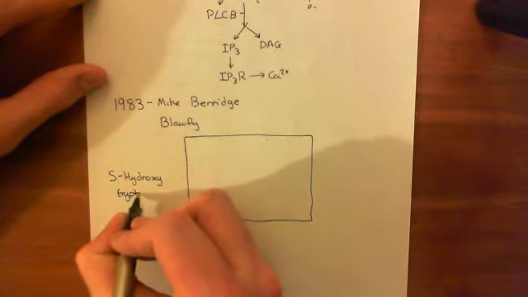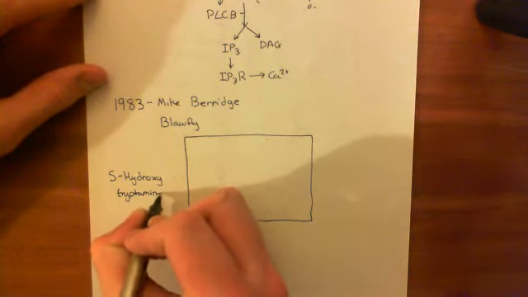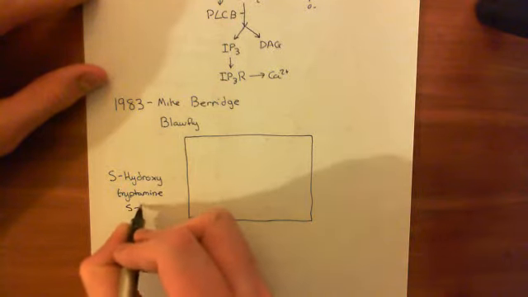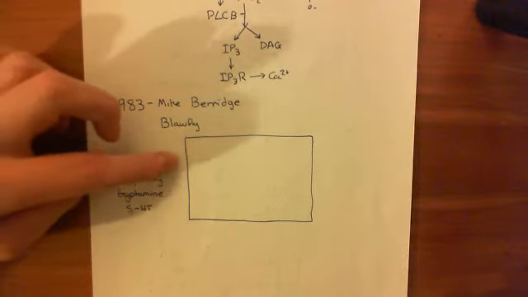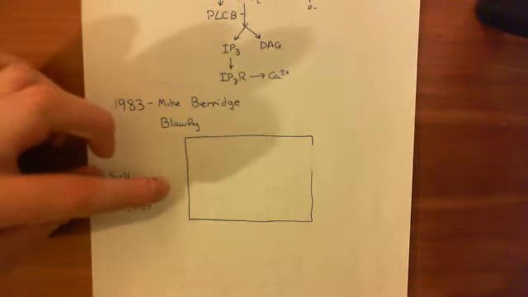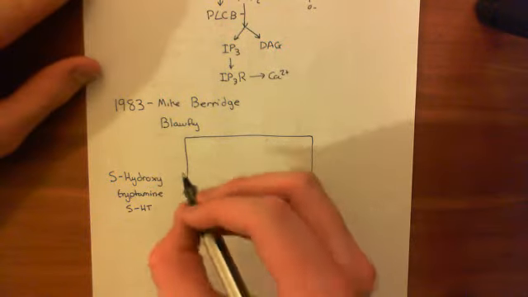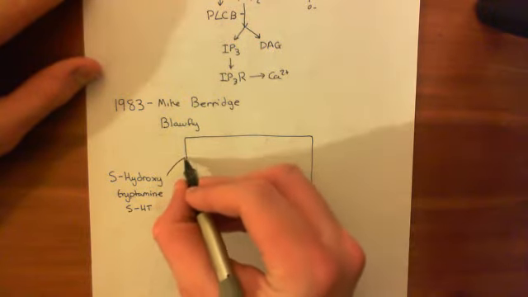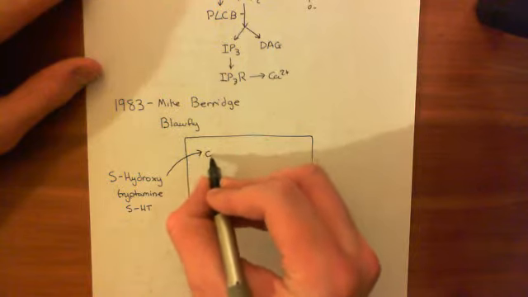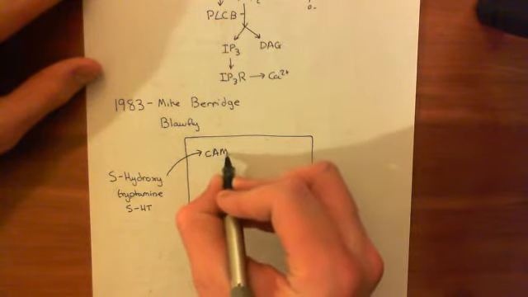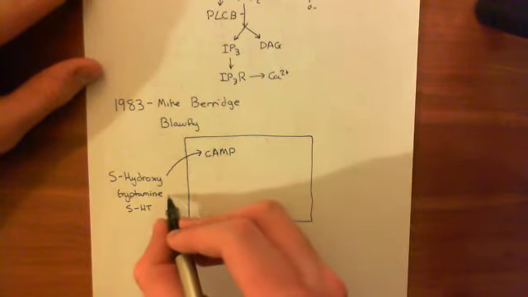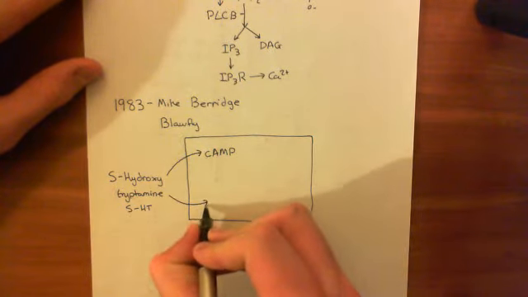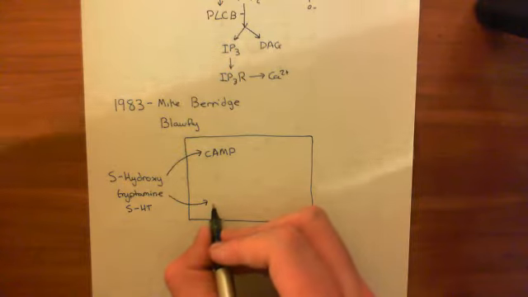So 5-HT, or 5-hydroxytryptamine, or serotonin, or whatever you want to call it, this molecule comes and binds to receptors on the basolateral surface of this cell. And basically, through those receptors, it's going to activate both cyclic AMP to go up through the GS coupled G protein coupled receptors, and it's also going to activate the phosphoinositide pathway.